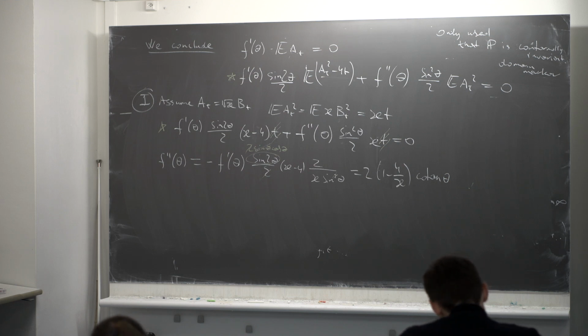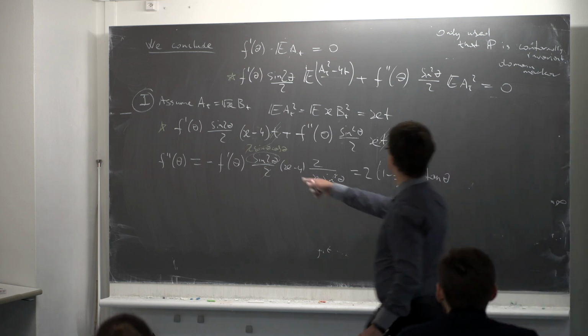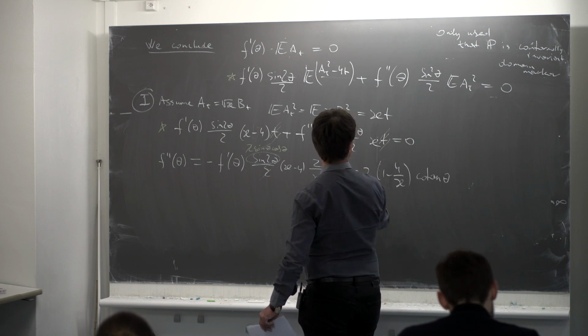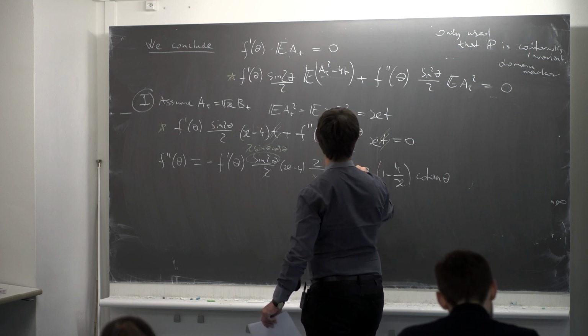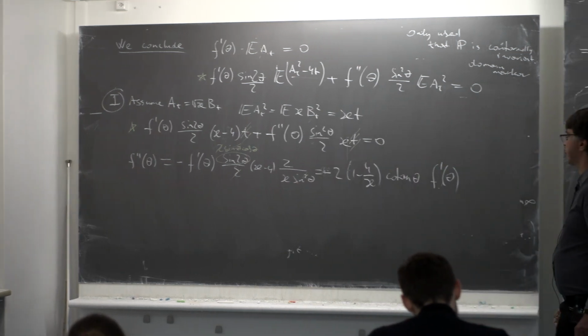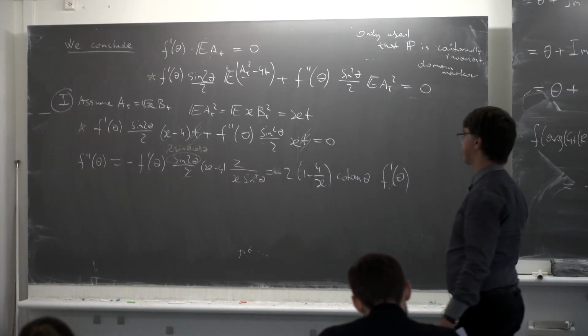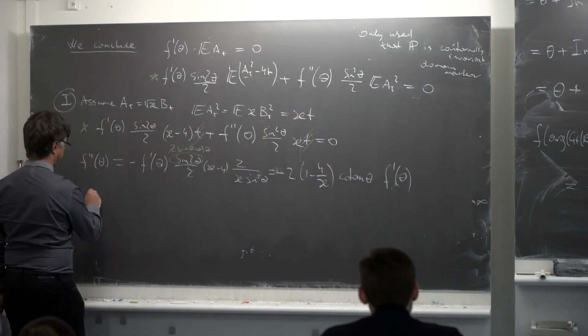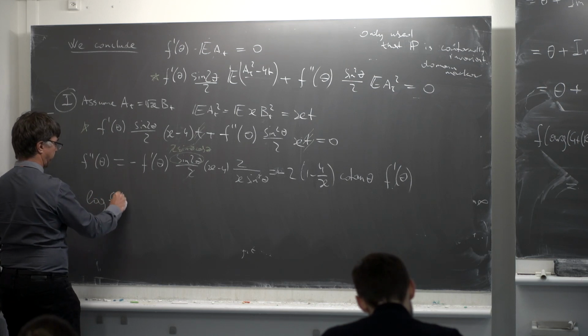But there was a minus sign in front. Wait a second. Yeah, so it's minus this times f prime of theta. So if we divide, we get the logarithmic derivative of f prime of theta.